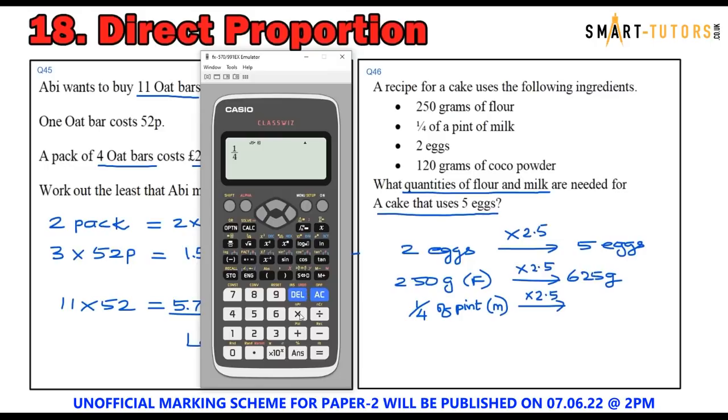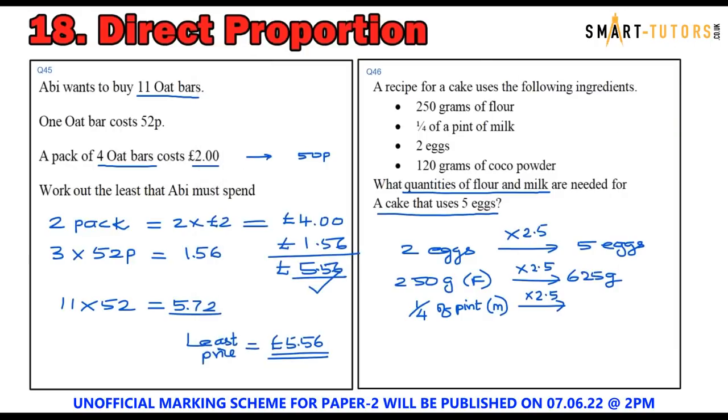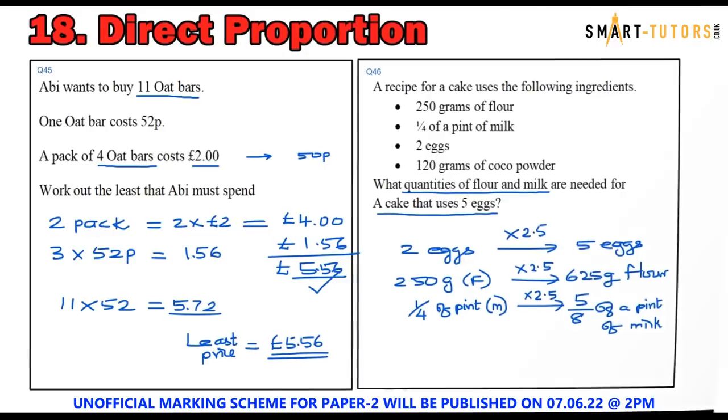So quarter times 2.5 is going to be 5/8, so 5/8 of a pint of milk. So this is the milk and this is the flour, right? So that is the direct proportion.